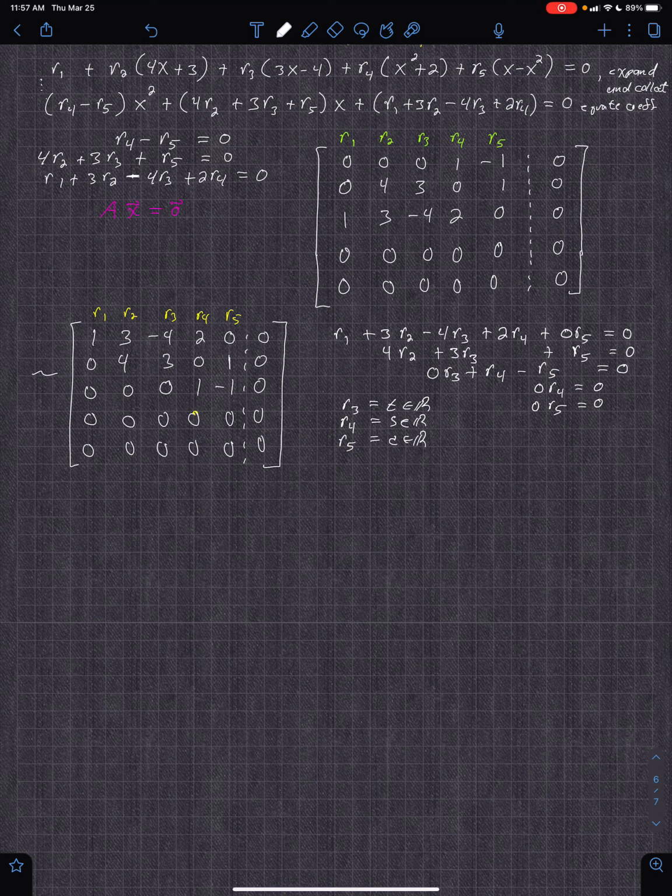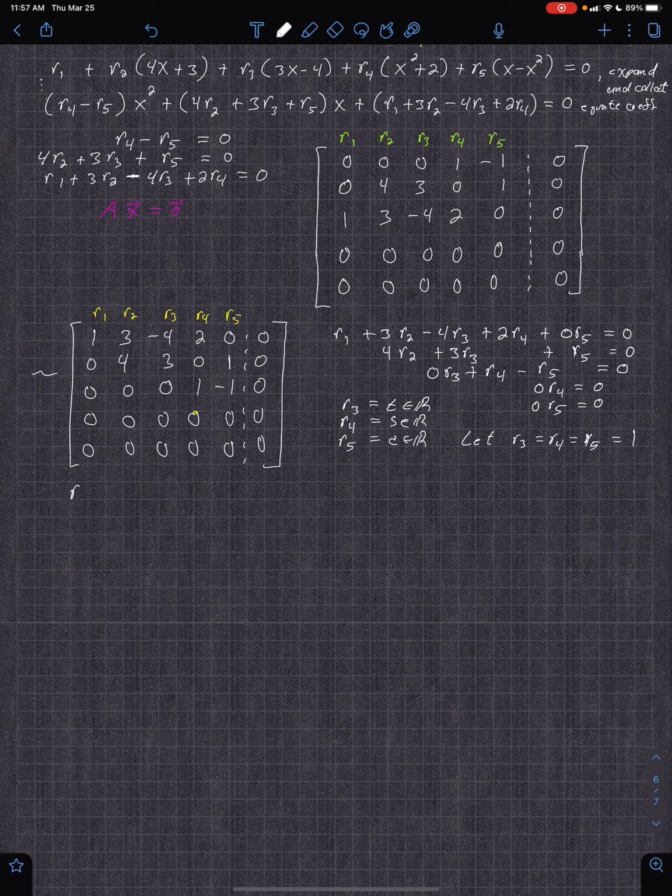So I'm going to let R3 equal R4 equal R5 all be 1. You don't really want them to be 0 because the whole point is showing that you can find a solution that they're not all 0. So let's make them something else. And then we just go back and solve for R1 and R2.